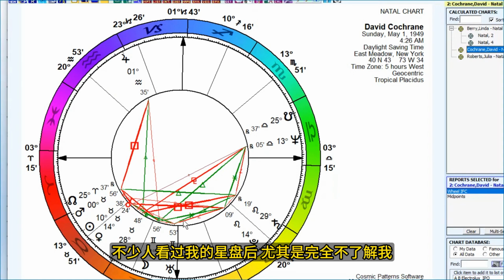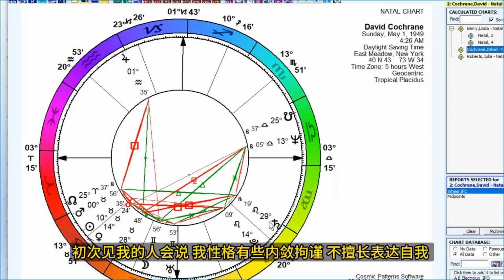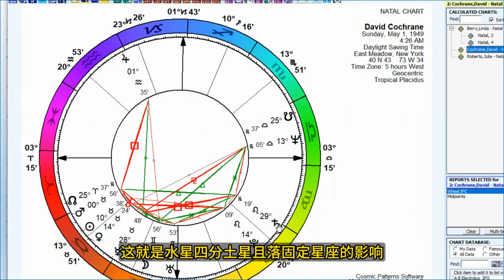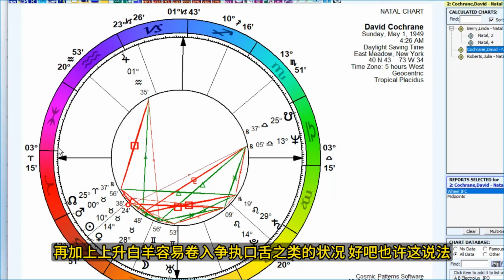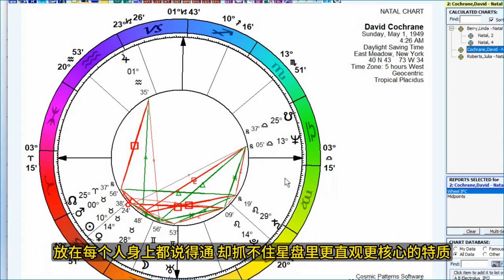I've had people look at my chart, without knowing me at all, and say, wow, you might be a little bit inhibited and have problems expressing yourself. Mercury square Saturn in fixed signs, and then the Aries rising, you end up in arguments and whatever. Well, maybe that is true for everybody in some sense, but it doesn't pick up on the more obvious and important thing.